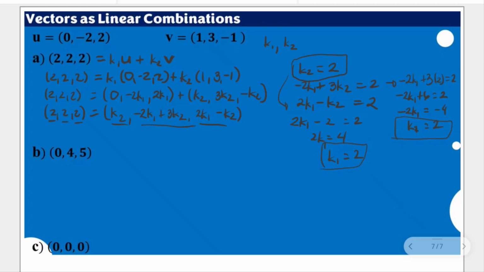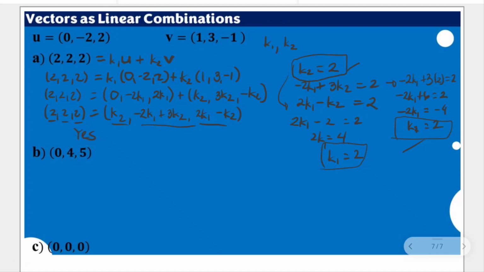Nevertheless, we are able to show that K sub 1 and K sub 2 exist, and therefore the vector in A, which is (2, 2, 2), is a linear combination of vectors U and V. So let's simply place here, yes, it's a linear combination.